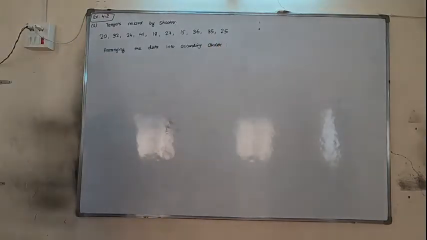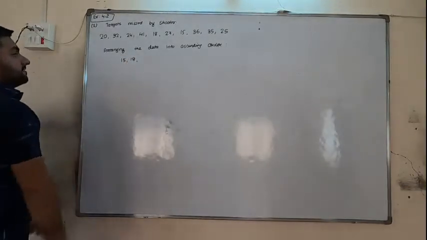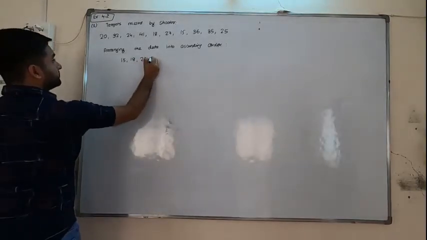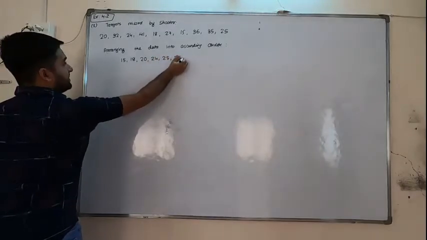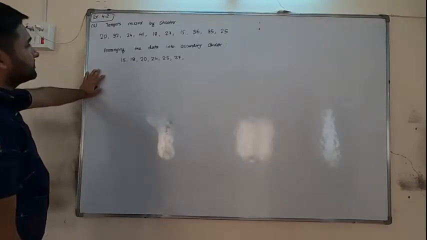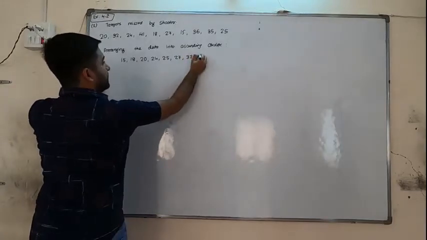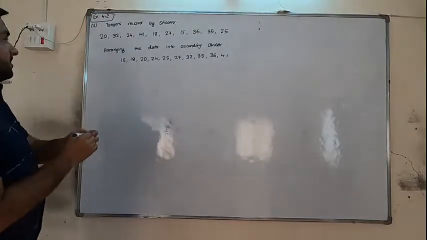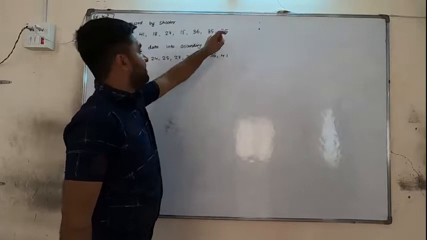The smallest value is 15, next 18, next 20, then 24, 25, 27, then 32, 35, 36, 41. 1, 2, 3, 4, 5, 6, 7, 8, 9, 10.